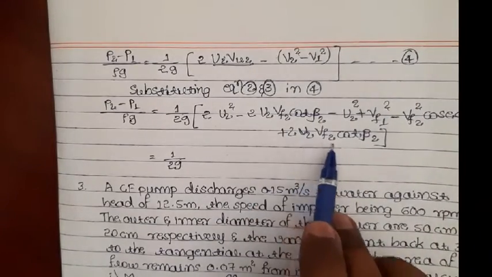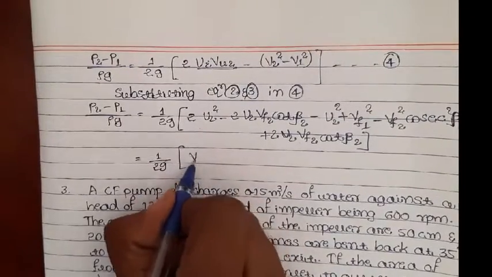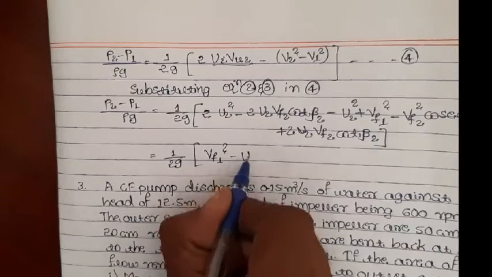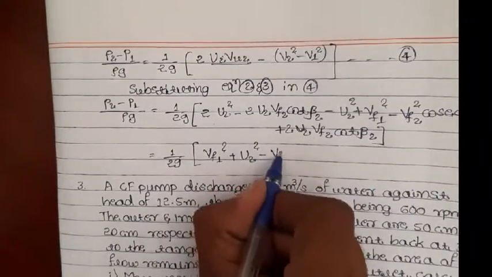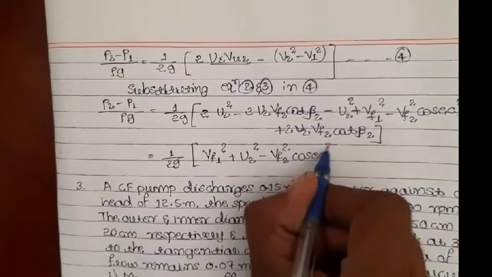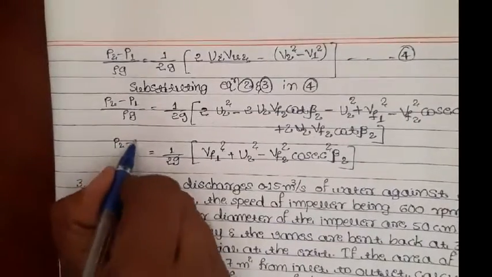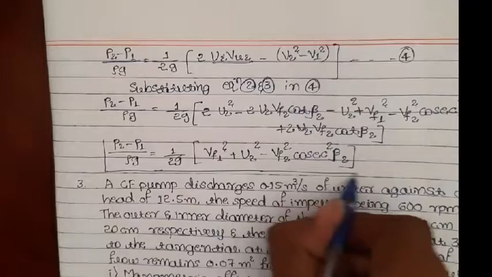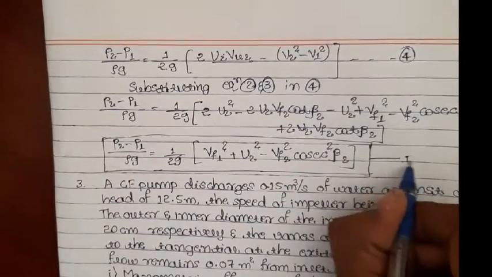The 2 U2 Vf2 cot beta 2 terms get cancelled on plus and minus, and this becomes Vf1 square, plus U2 square minus Vf2 square cosecant square beta 2, right. So this is the proof. The pressure head across the rotor can be proven like this. This is the asked proof.